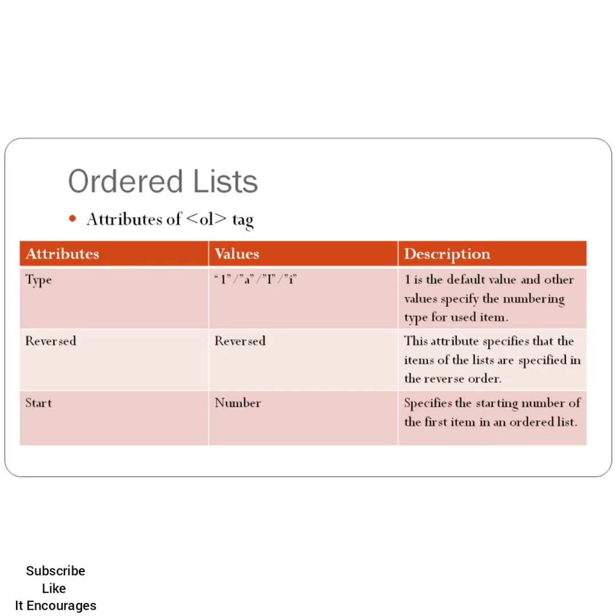Also, we can specify the starting number of the first item. In case we use the attribute start and we specify the value as any number, the listing will start from the number that has been specified here.